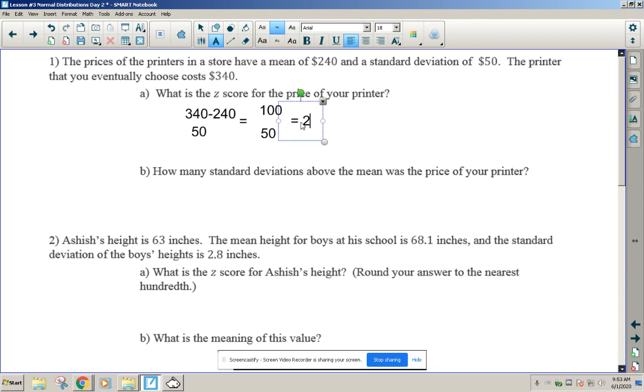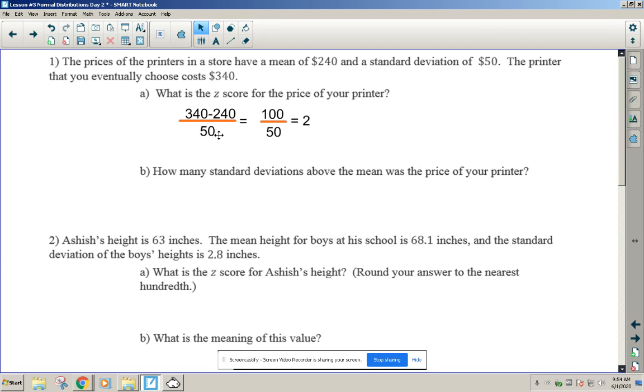So this means that the printer you want is above the mean. So you chose a clearly more expensive printer, and you are now above the mean. And so how many standard deviations above the mean? 2.